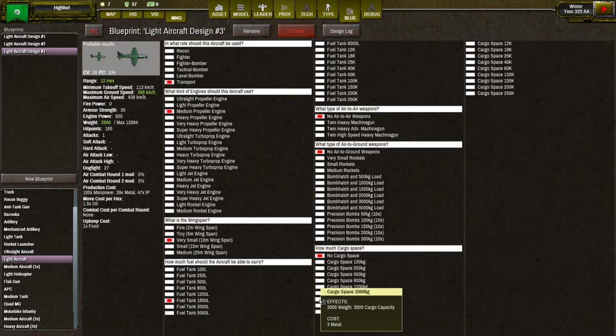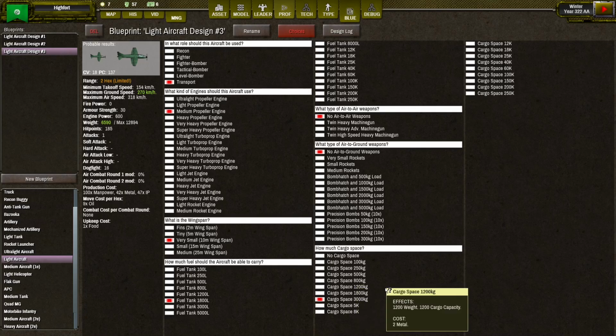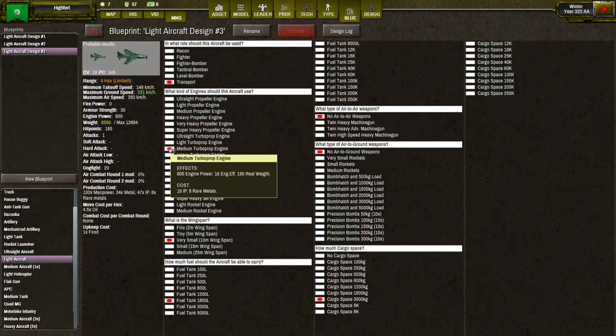I would go with 3,000 kilograms, because this is quite big cargo, and it will be 30 logistical points per subunit, so 90 logistical points in case of Airbridge missions. But the range decreased a lot, so we need to get some better engine, maybe this medium turbopropeller engine, and now increase the fuel tank.